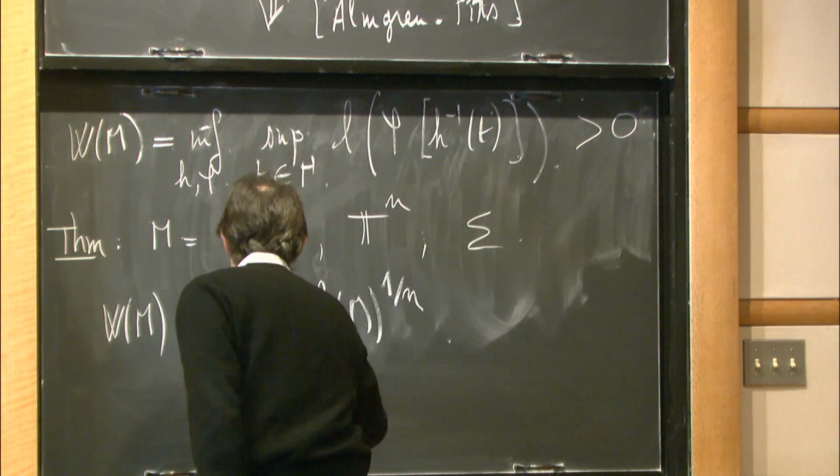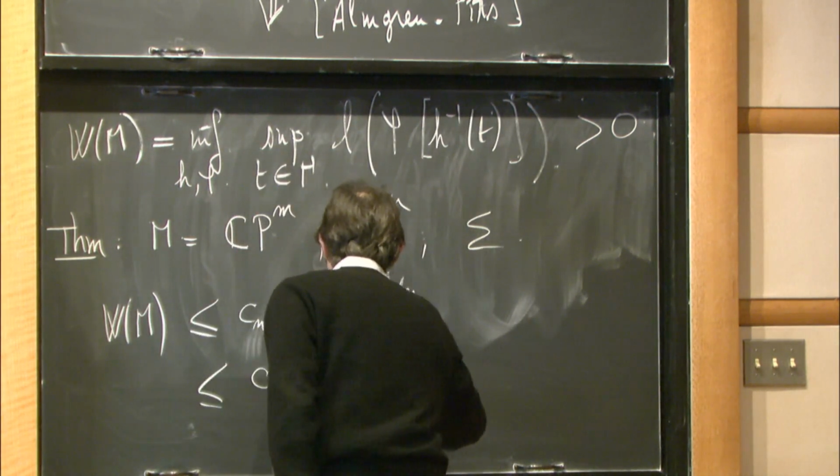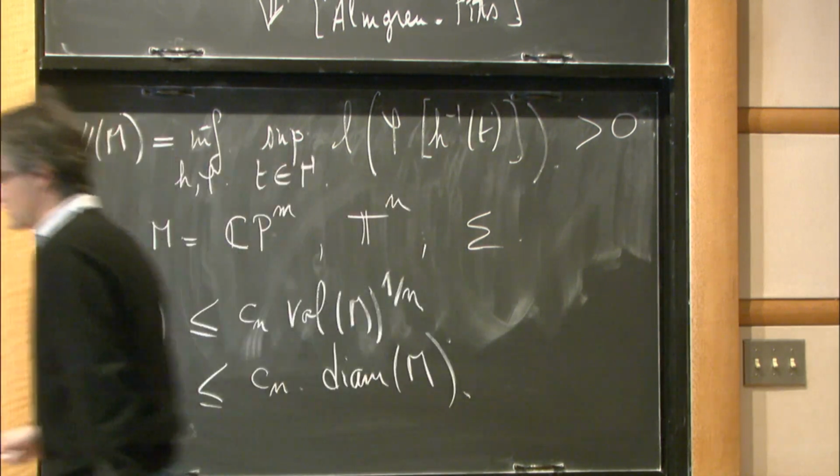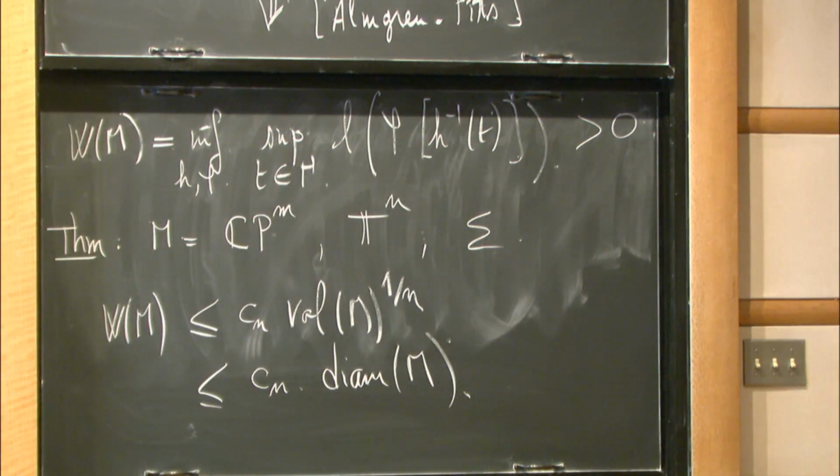And also, if you're interested, you have this upper bound in terms of the diameter. Okay? So, all right. Let me give you, in 5 minutes, just an idea of the proof.